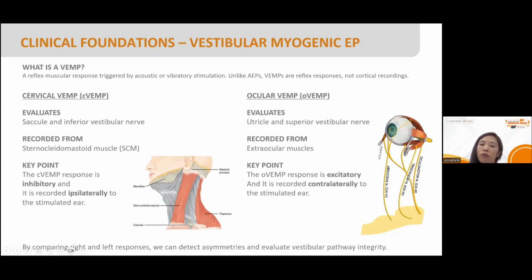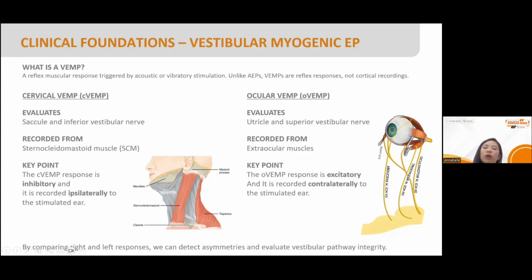And then for the oVEMP, we are not checking the SCM, but we check the ocular muscles, your eyes, okay? In fact, we evaluate the utricle and the superior vestibular nerve, also the vestibular. And then we check the extraocular muscle, it is excitatory, and it is recorded contralaterally.